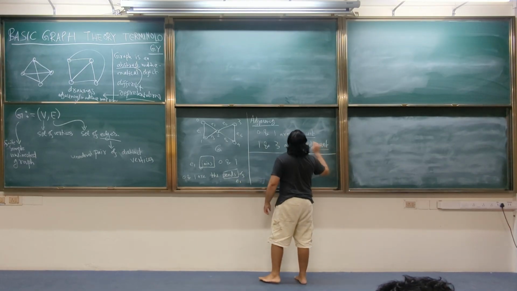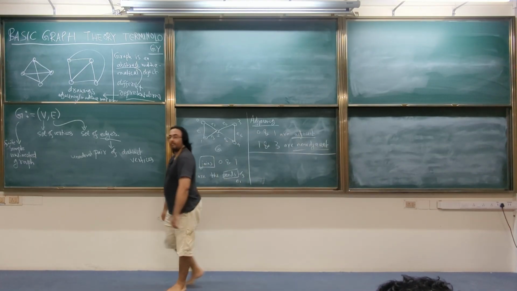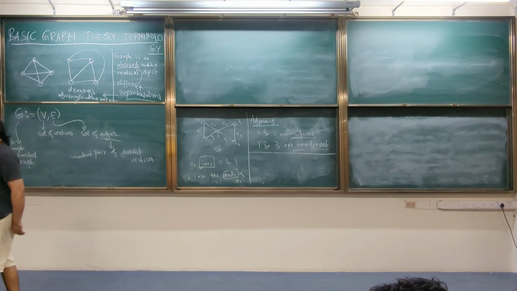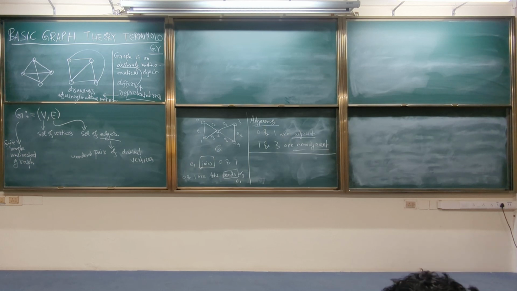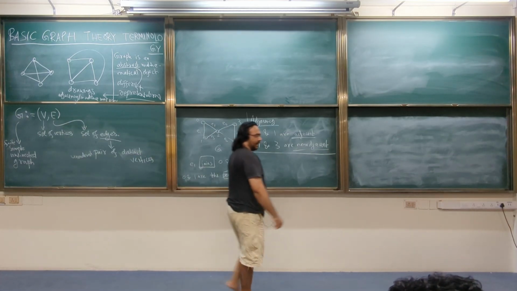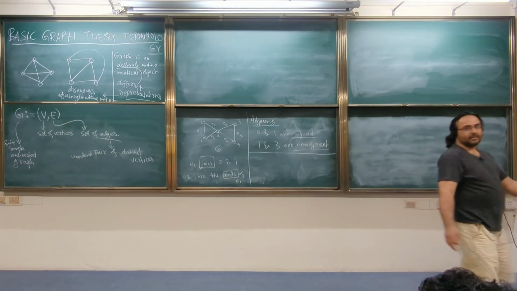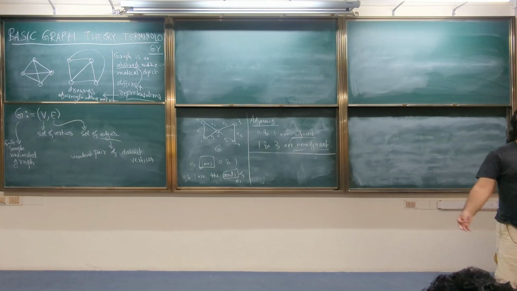But we're going to use the word adjacent in a different context also. Can anybody tell me another context in which I can use adjacent? I can use it for two vertices. Two edges. We'll go with two edges. So can somebody give me a pair of edges that are adjacent? Raise your hand. Two edges that are adjacent.